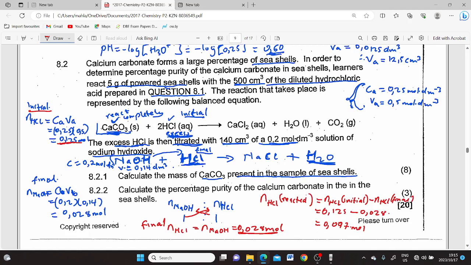We need to use the ratio to get the number of moles of calcium carbonate, because the total number of moles of acid reacted is 0.097.